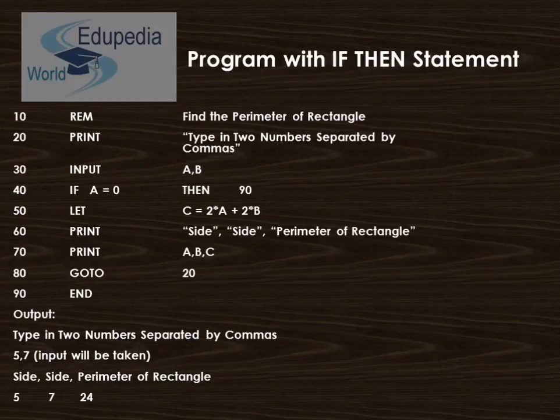This is how the GOTO statement simply tells the computer which line to continue the program on. This program keeps on going, taking the two variables as input, calculating them again, and giving us the perimeter of the rectangle along with the two sides.